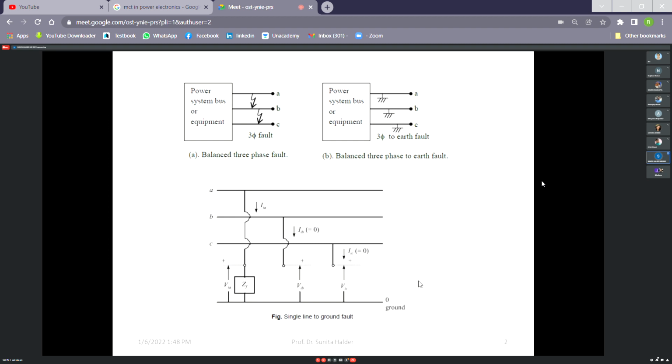Why? Because when load is connected, still short circuit fault we cannot get rid of. Anytime two conductors may be shorted, maybe instantly and may go out instantly, or maybe permanently. Say when a bird sits on a transmission line and accidentally its wing touches another line, then there will be a temporary short circuit.